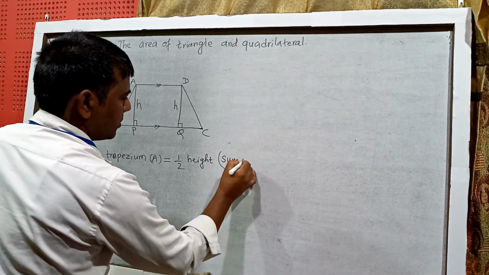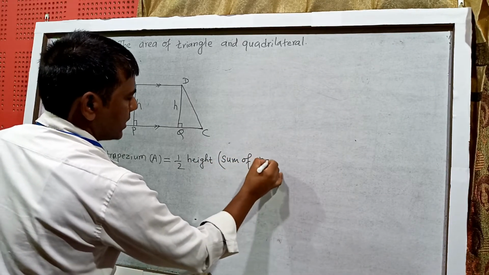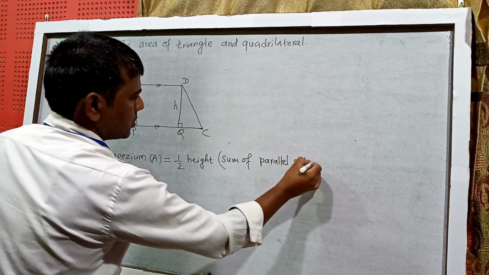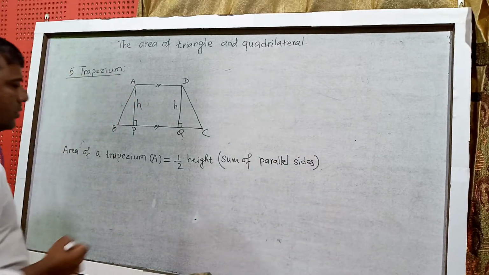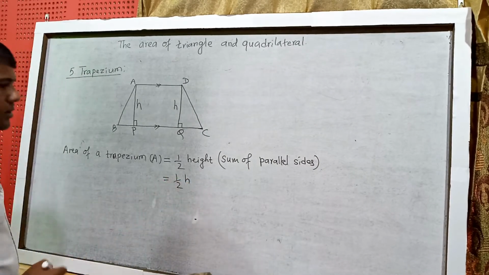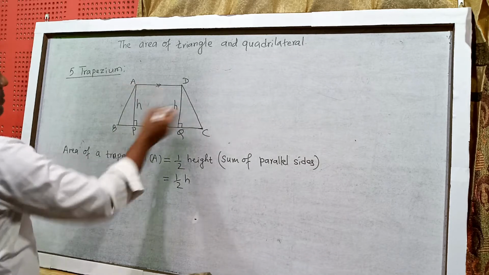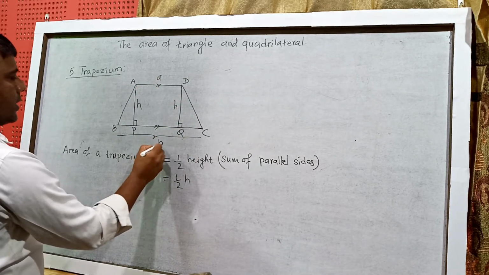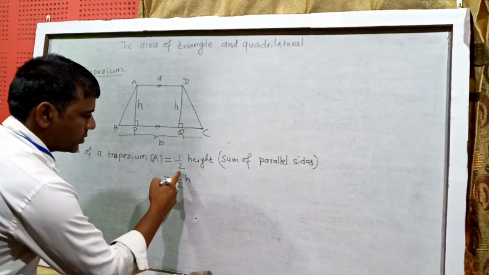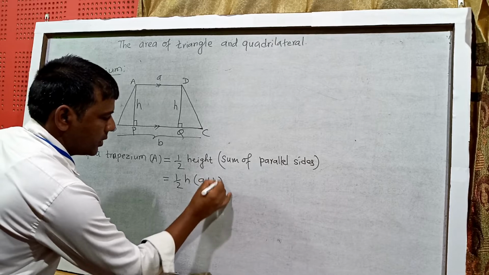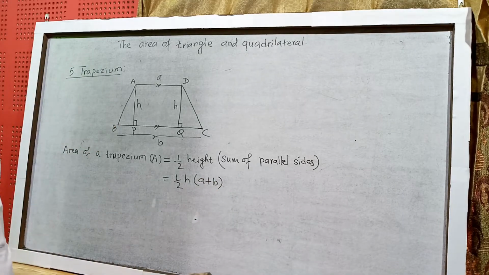Here the height is h, and if we suppose the parallel sides are a and b, then it becomes 1 by 2 h into a plus b. A and b are the parallel sides of this trapezium.